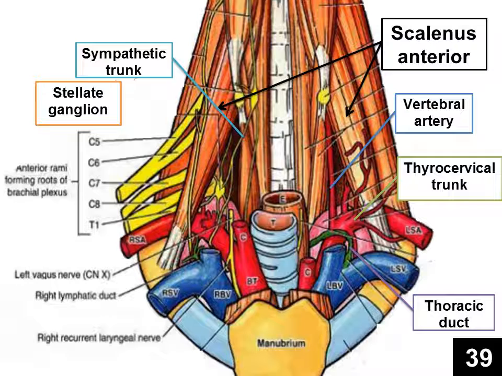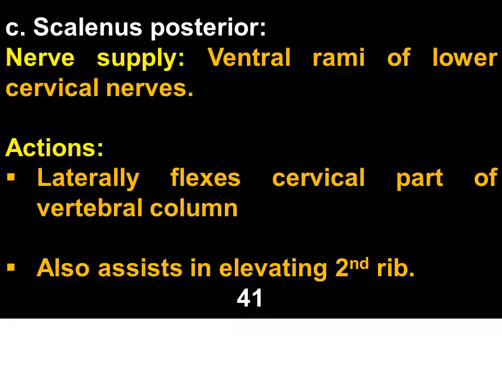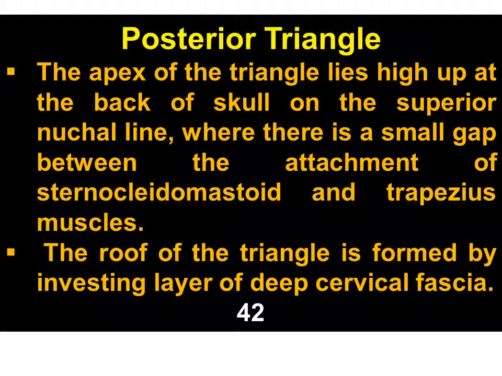Laterally flexes the cervical part of vertebral column and also assists in elevation of the second rib. Now let's come to a new topic, the posterior triangle. This was the action, nerve supply of scalenus medius and scalenus posterior.